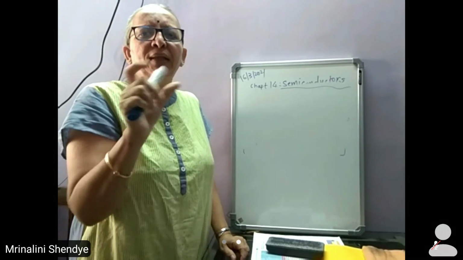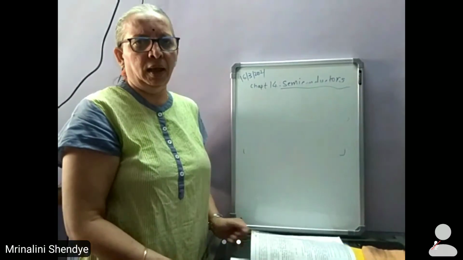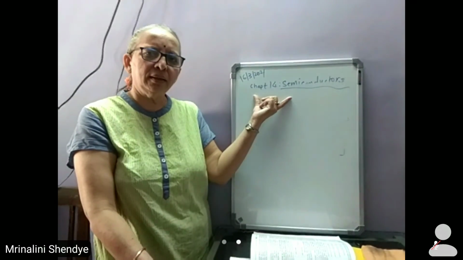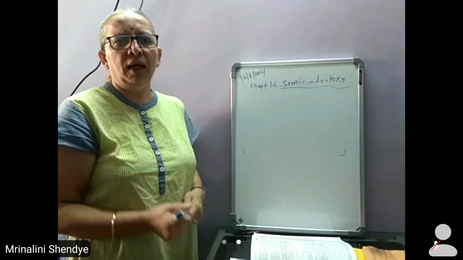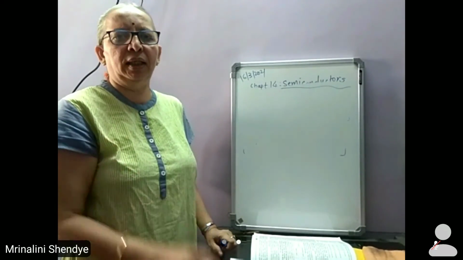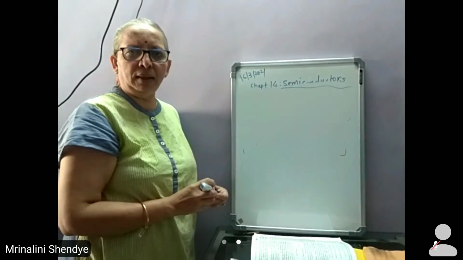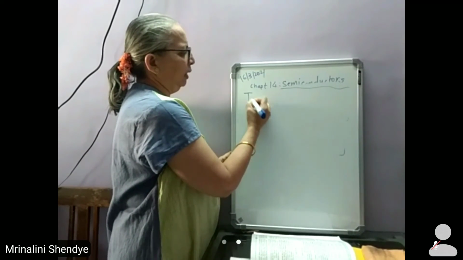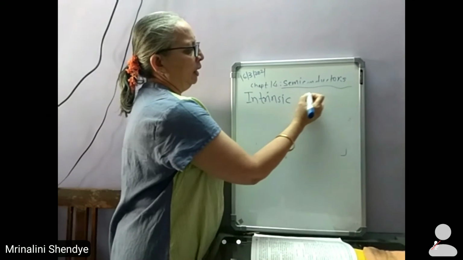It is the basic semiconductor, that is the elementary semiconductor. We'll first study the elemental semiconductor and observe its electric properties. These elemental semiconductors are again of two types. One is intrinsic and the other is extrinsic.